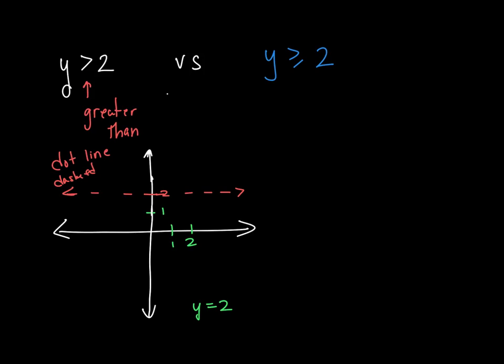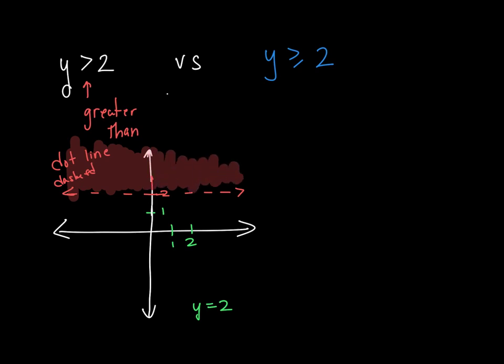Now, what does y greater than mean? Y greater than means I'm going from the line and I'm shading up. So I go everything from this line and shade up.